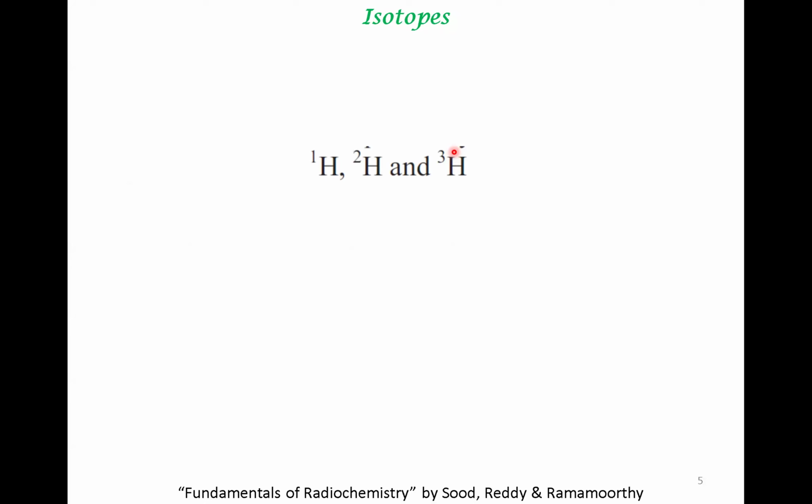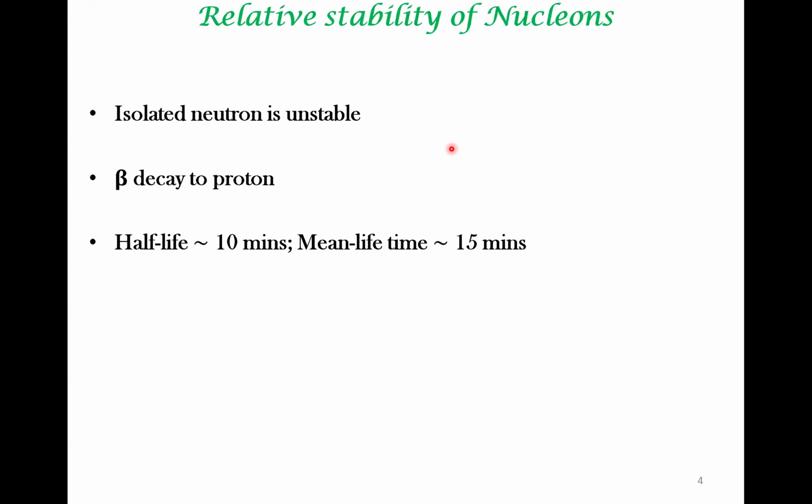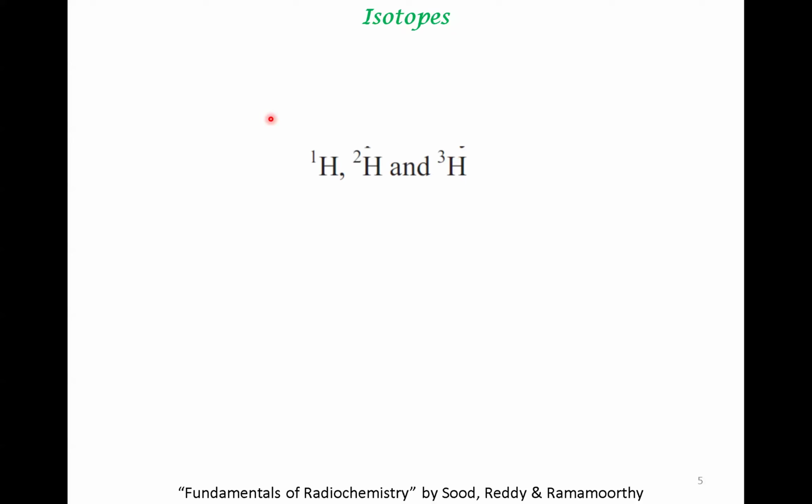So why is that? Let's think about this. In all these three nuclei, there is only one positive charge. So you may ask why this is going to be radioactive. That has to be seen from the fact that the neutron itself is not stable.